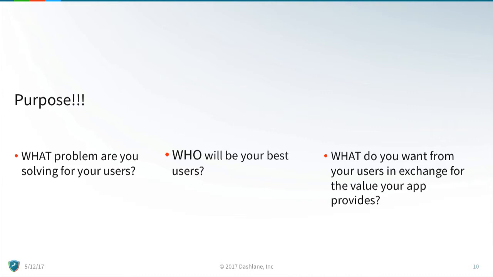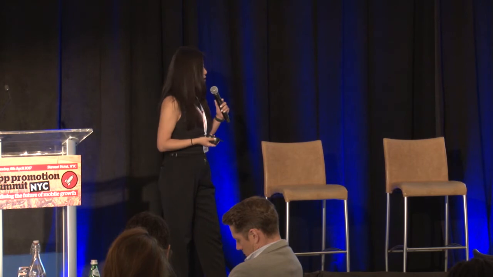Use Dashlane as an example. We were trying to solve the problem of people forgetting their passwords all the time, and everybody has tons of logins to manage, and it's really getting out of control for everyone. And in theory, yeah, our app is good. It can be used for anyone, and that's our user.